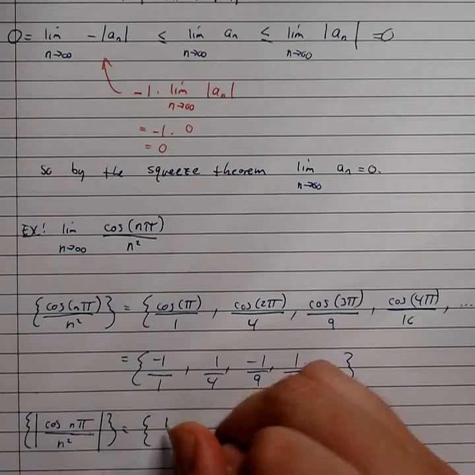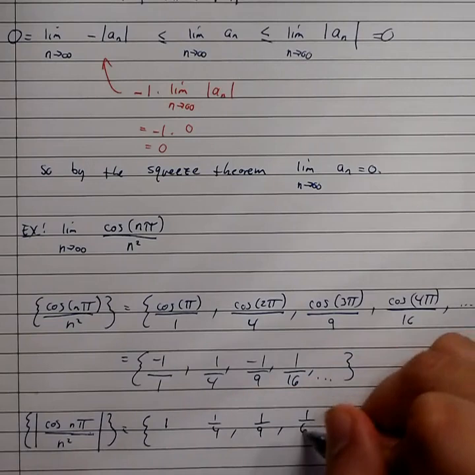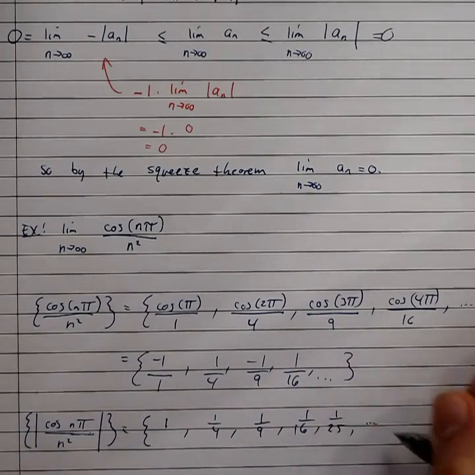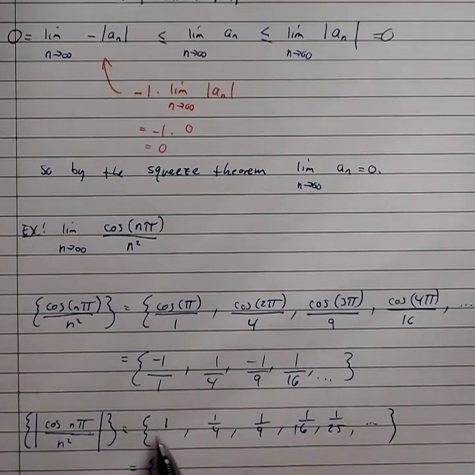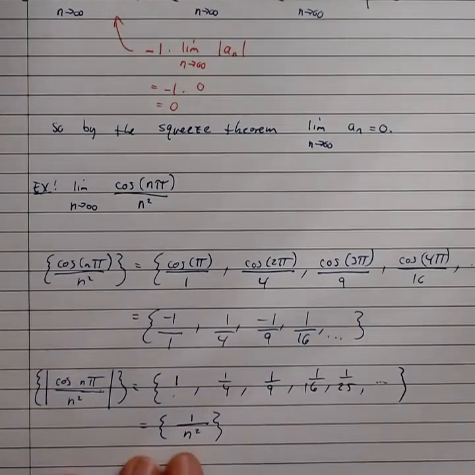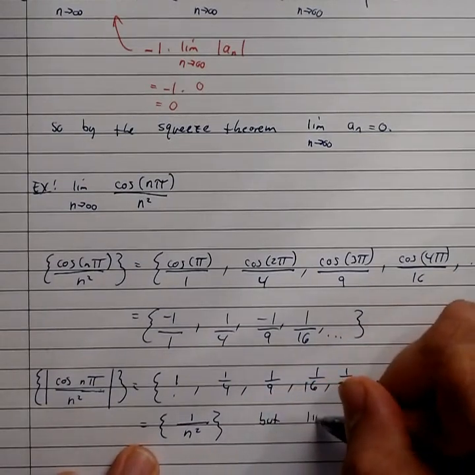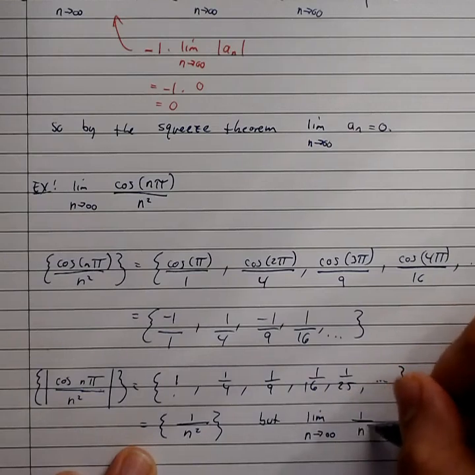So it's going to be 1 and 1/4 and 1/9 and 1/16 and 1/25, and so forth. In other words, that's always 1 over n squared. Oh yeah, but now I know what this one converges to.